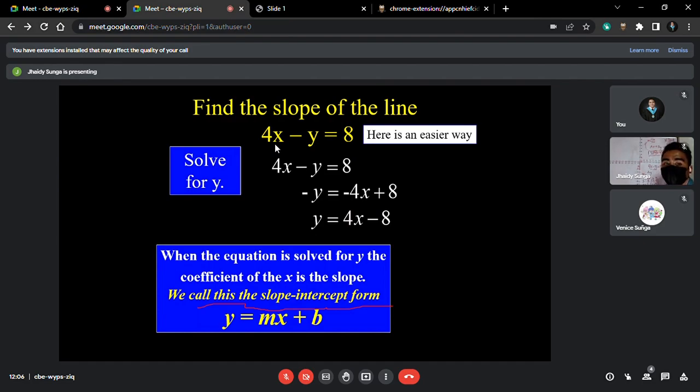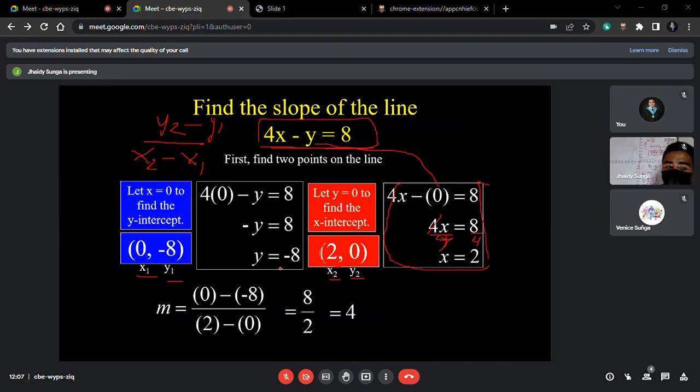Then, if you have this form, y is equal to mx plus b, that's your slope-intercept form. In order for you to find what is slope, we could see that m is your slope. So your slope is 4. Alright, so you could see that 4 is your slope. From this one, because this is our slide a while ago.